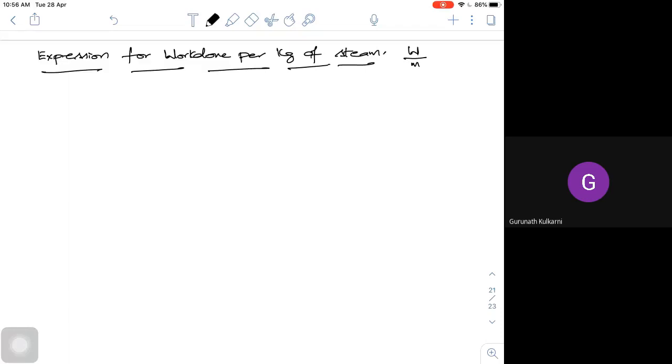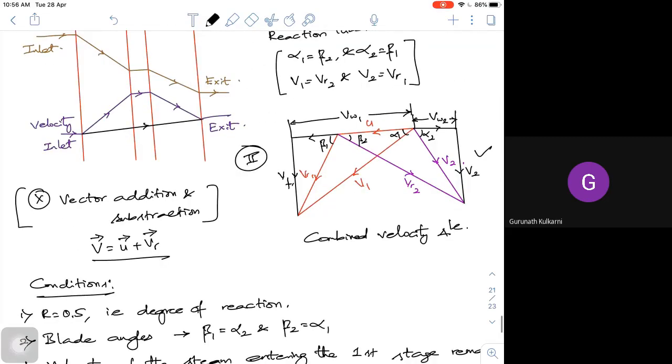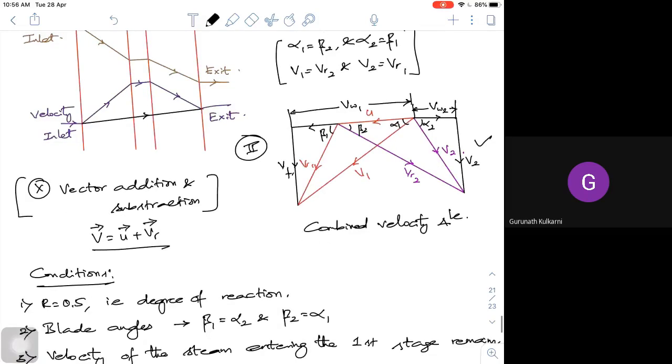From Euler's equation we have already derived W is equal to VW1 minus VW2 into U. Now VW1 and VW2 are in opposite directions, not in the same direction.